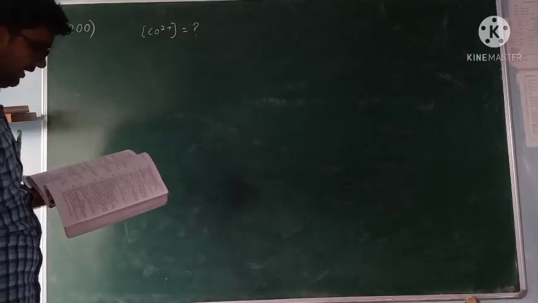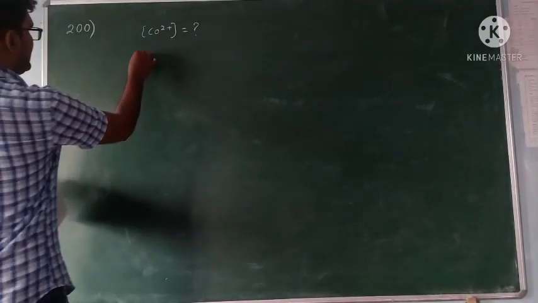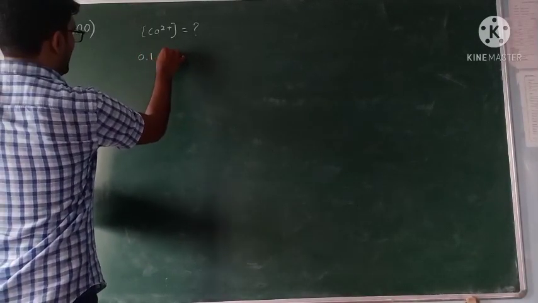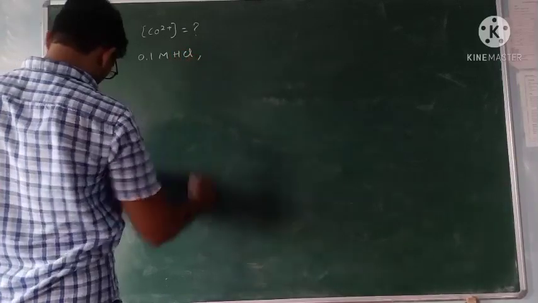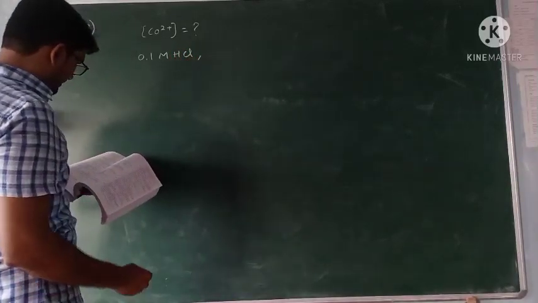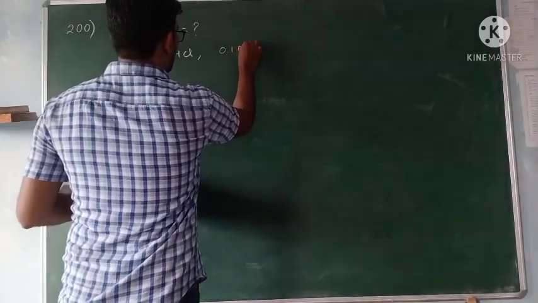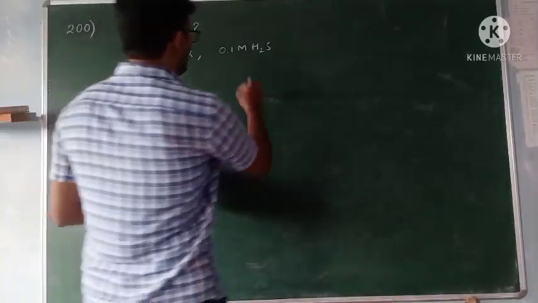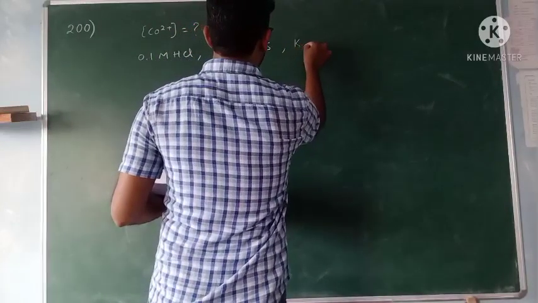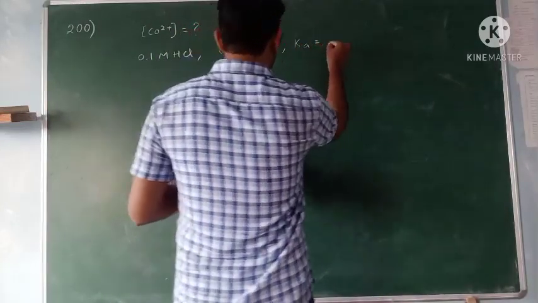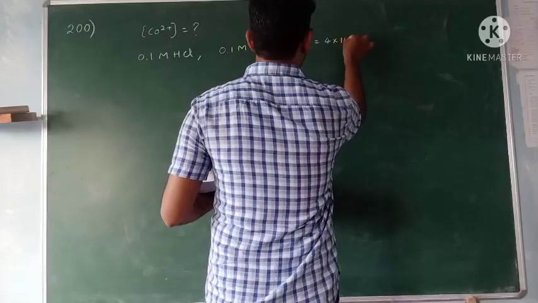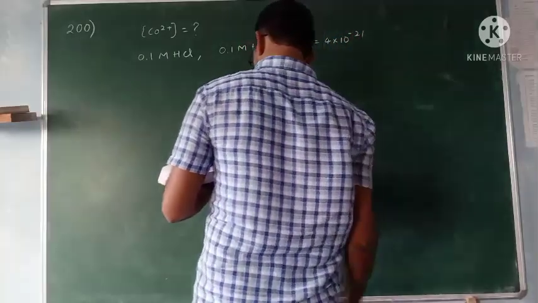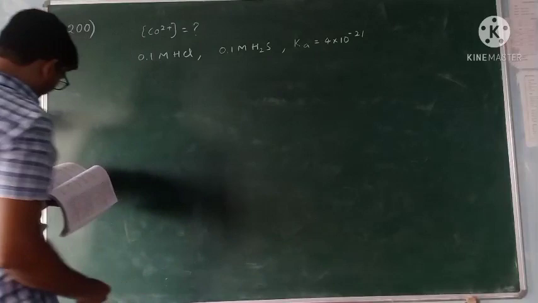Okay, in 0.1 molarity HCl, and this is saturated with 0.1 molarity H2S, and also for this one the Ka value is given. Ka equal to 4 into 10 to the power of minus 21, right?